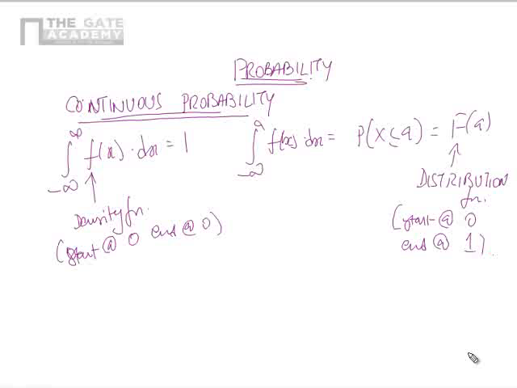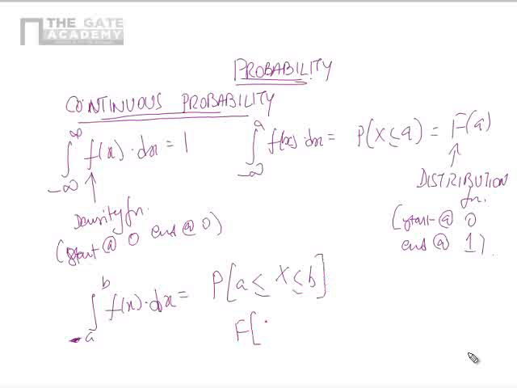These are the things we saw, and also we saw that the integral from a to b of f(x) dx is nothing but the probability that x lies between a and b, and this is nothing but F of b minus F of a. This is what we saw in the last class.